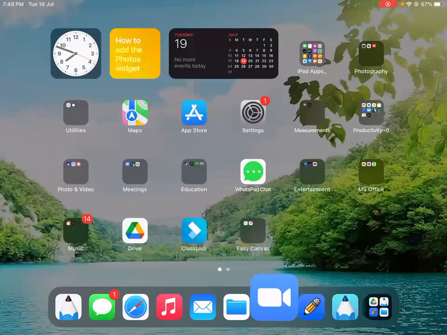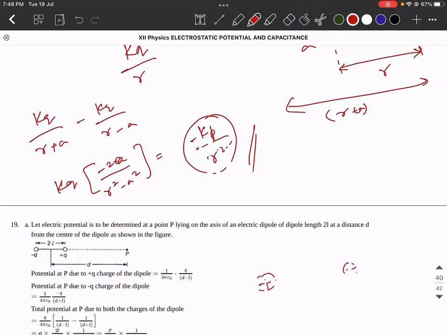Repeat the question again. On the line joining. So you have a positive charge and a negative charge.